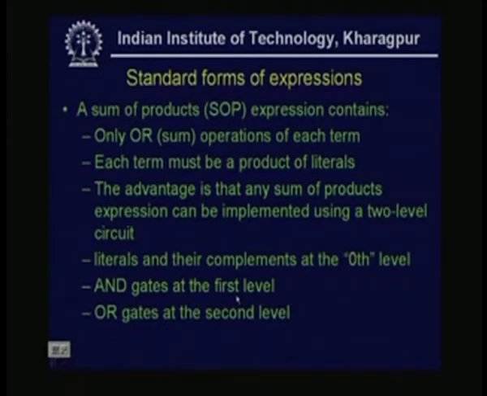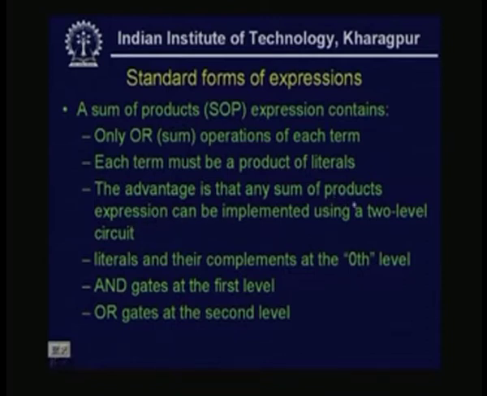Now, already we have read in the last class the standard forms. In the standard forms only OR operations of terms exist, and each term must be a product of literals, what we defined as a sum of product. Now, what is the advantage?